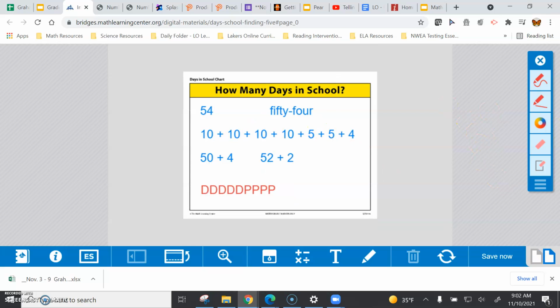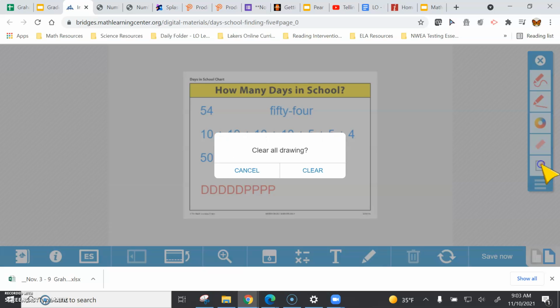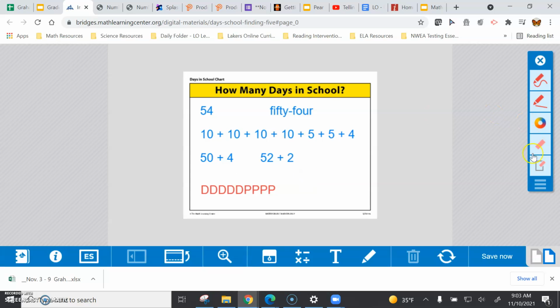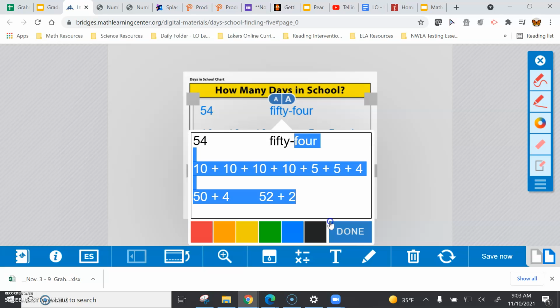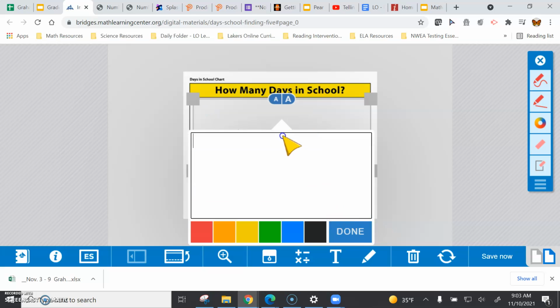Let's change our information. And you know what, today? Let's do it a little bit differently. I'm going to clear all of this out. We'll do it differently today. And we'll put 55.